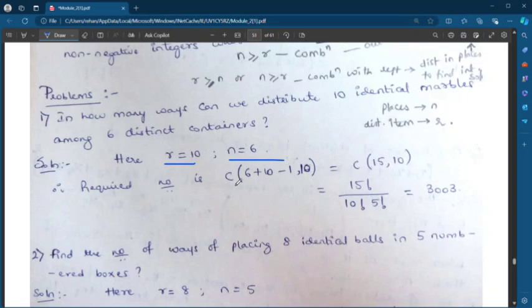So the required number is C of 6 plus 10 minus 1 comma 10, that is n plus R minus 1 comma 10, which is equal to C of 15 comma 10. What is 15 C 10? On the calculator, press 15, shift, division, and then 10, you will get 3003.